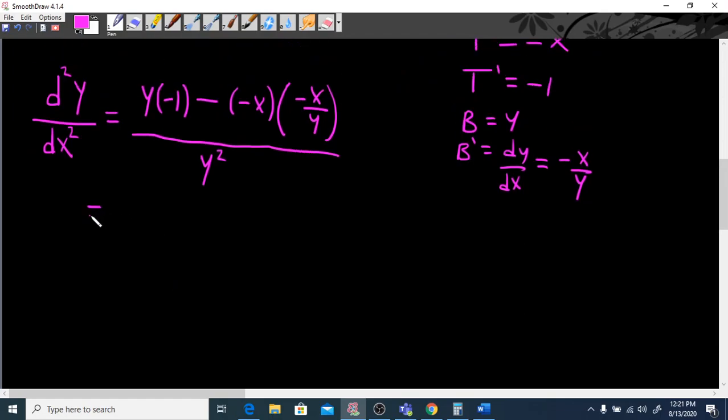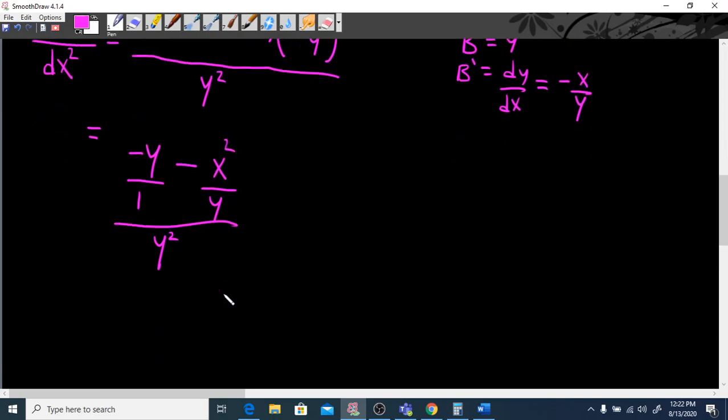So now we get negative y. And how many negatives are here? 1, 2, 3. So negative times negative is a positive, but then there's a third negative. So minus x times x, x squared over y. And this negative y is over 1. All that's still divided by y squared, which we can further show as a complex fraction, y squared over 1.